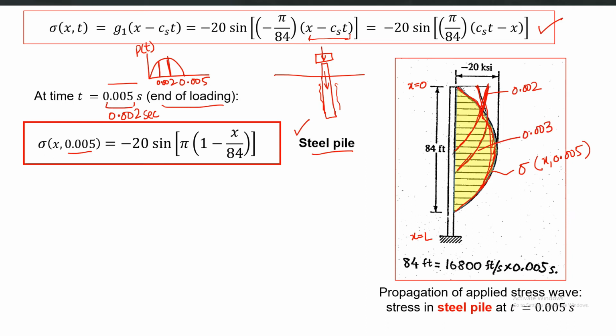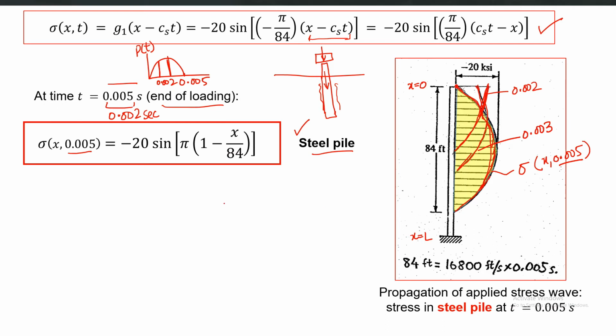But at 0.005 time, the applied force is finished already, the stress at the top level is 0, and now it is fully developed as a sinusoidal variation along the length of that rod. And now if you plot it for t greater than 0.005, you will see that it will travel in the downward direction.